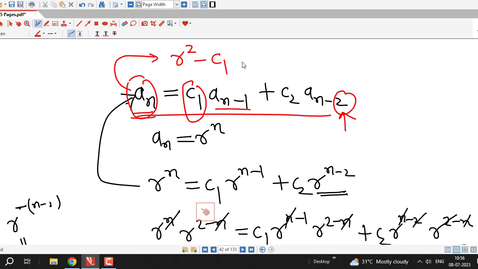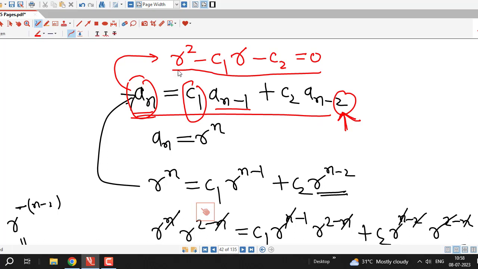And here I have n minus 1, so I will write the first power of r, and minus c2 equal to 0. Because I have a recurrence relation of degree 2, the characteristic equation must also be of degree 2, a polynomial of degree 2. So in this way we can write down the characteristic equation corresponding to a given recurrence relation.